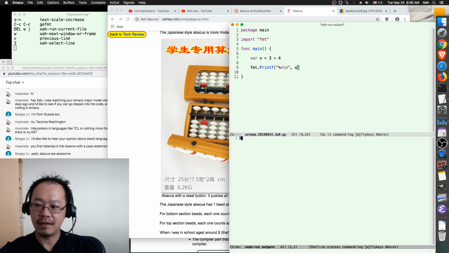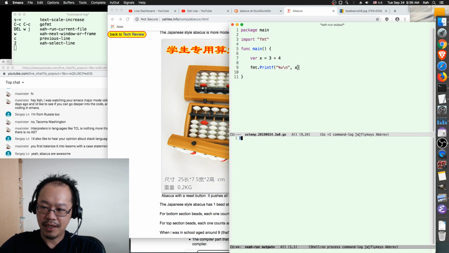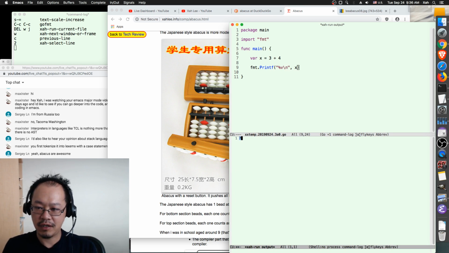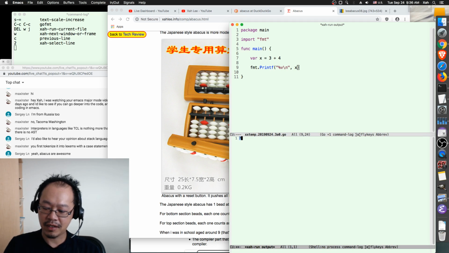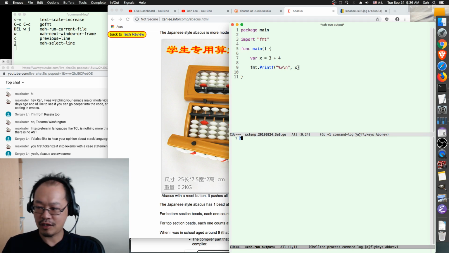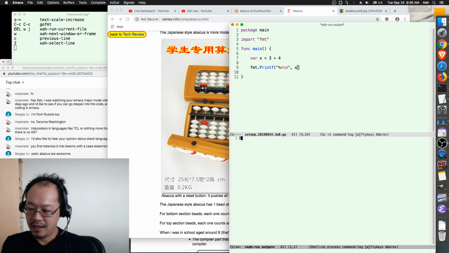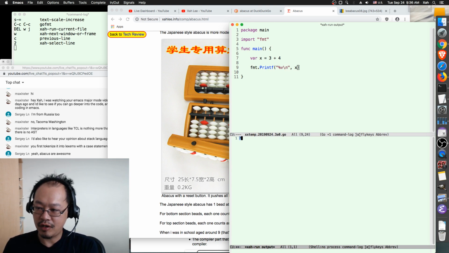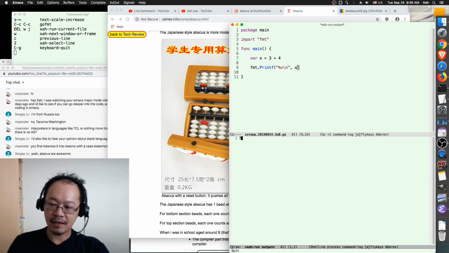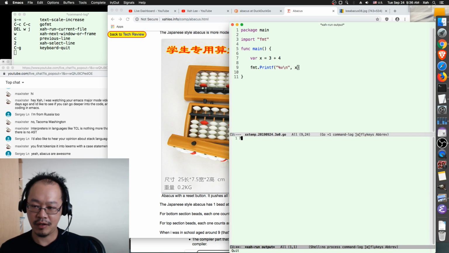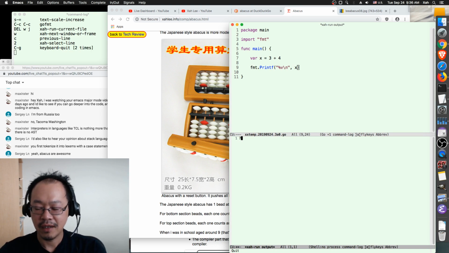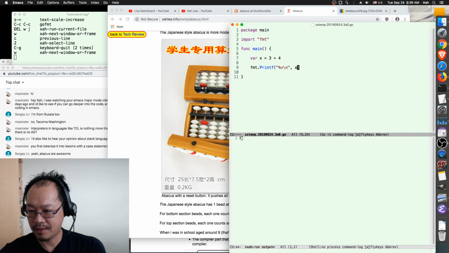So in Golang, this is the Golang compiler, but actually it also functions as an interpreter. So instead of outputting another source code, it outputs another language code, but it runs it directly. So the Golang compiler is both an interpreter and a compiler. So that's the semantic difference between compiler and interpreter.